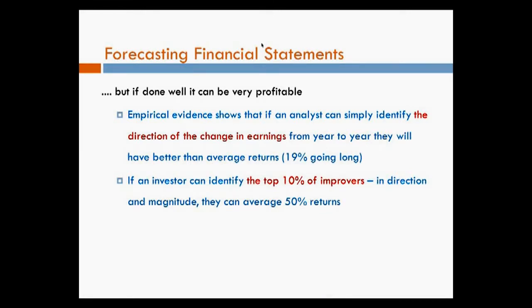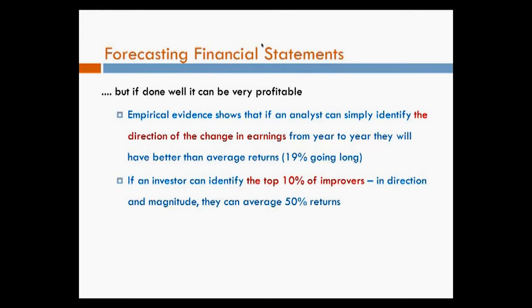Empirical data shows that if you're a good forecaster, you can make a lot of money. If you can simply identify the direction in the change in earnings, whether earnings are going to increase or decrease going forward, if you can forecast that from year to year, you'll have a 19% return on your investments.